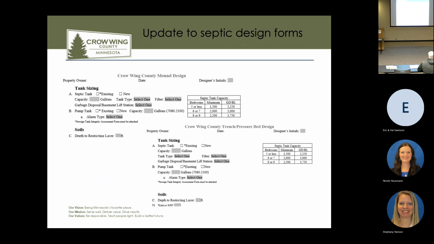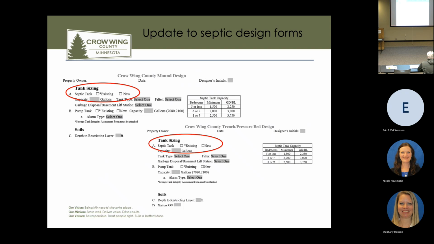So we just added simple check marks next to septic tank and pump tank. Is it existing? Great. Is it new? Cool. Just check one or the other and let us know the capacity. If you're going to use both, maybe add a note, writing new and existing: existing 1200 and then new 2250, whatever you're going to do, just label it.